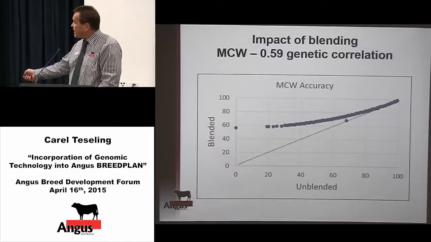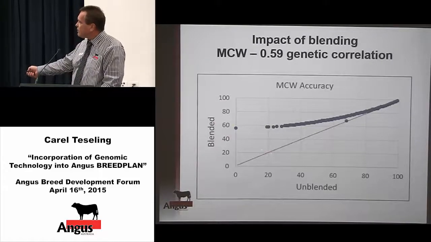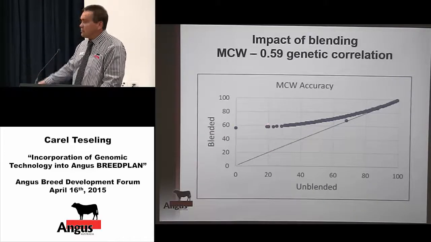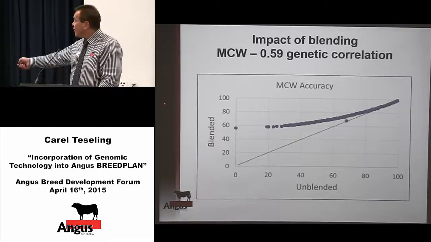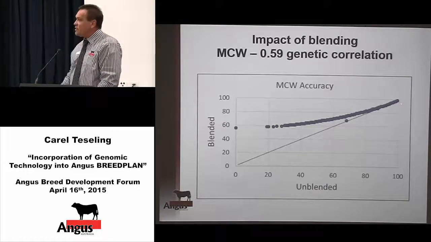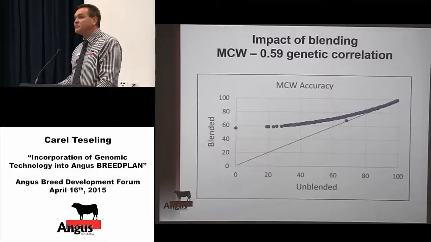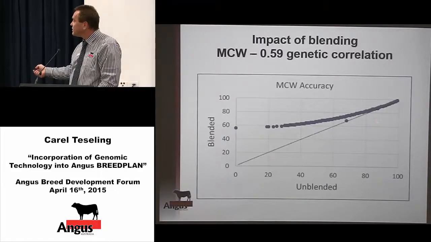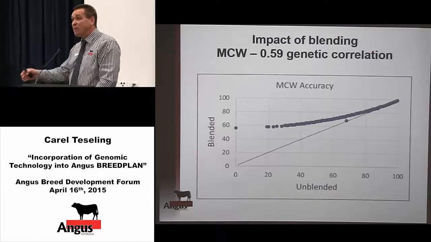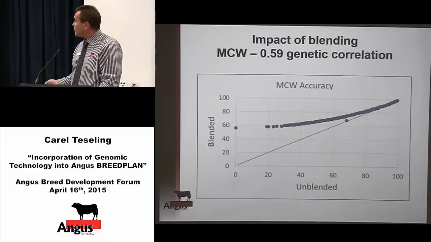What happens then is, as you come up, let's say an animal had a pre-blend accuracy of 20%, that would increase to almost 60%. But as you go up here, you can see that once you get to this level, the testing doesn't really contribute extra information, so the accuracy doesn't really increase. Having said that, you'll see in a few slides that the MVPs still have an impact on the EBV, and that's interesting, which we will look at in a minute.